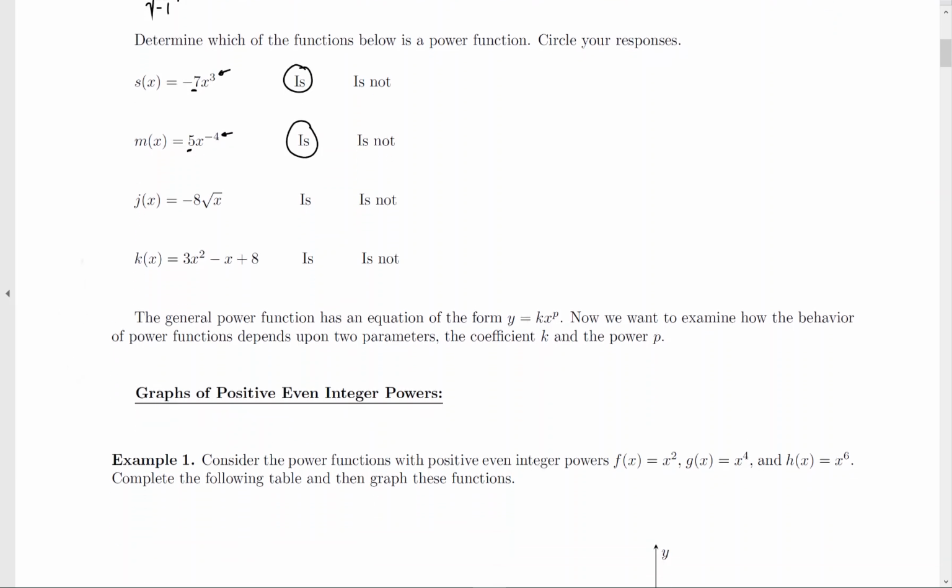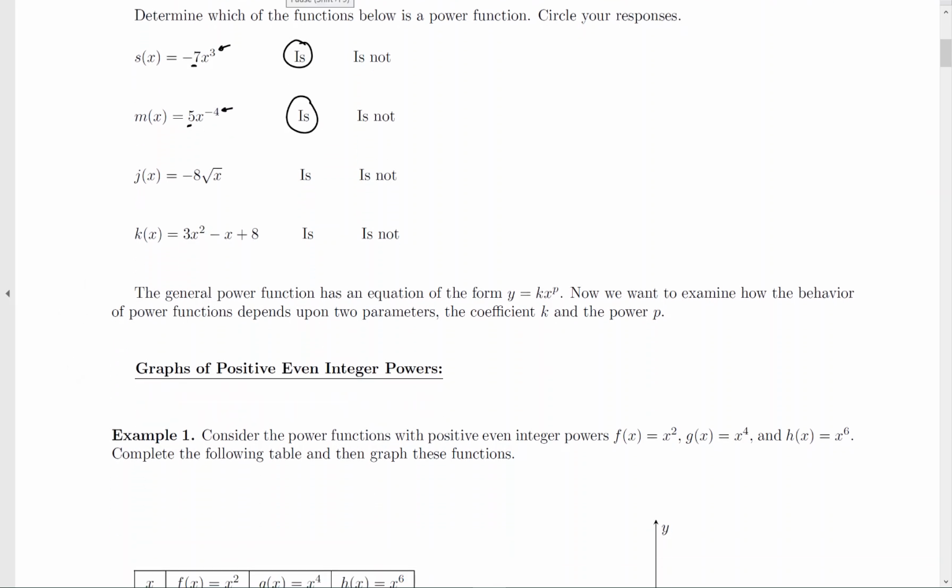The next one looks a little suspicious, but we're going to need to go back to what we learned in 130a. The next function is j of x equals negative 8 the square root of x. So that's negative 8 times the square root of x.